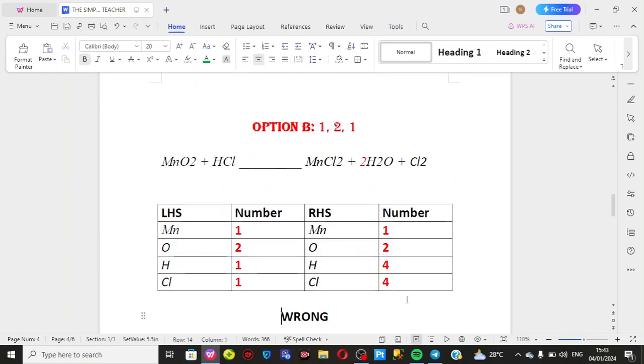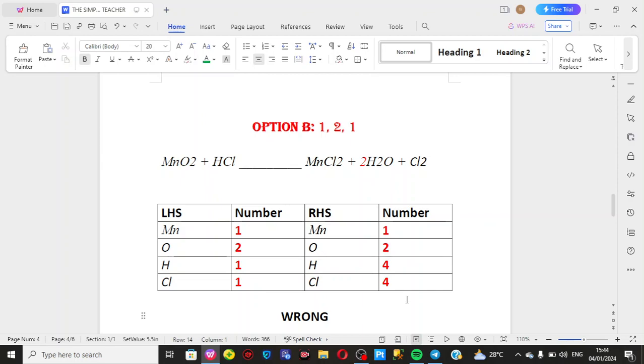Option B says that X is 1, Y is 2, and Z is 1. It means that we have 1 molecule of HCl, we have 2 molecules of H2O, and we have a molecule of chlorine gas. Now let's look at those numbers.